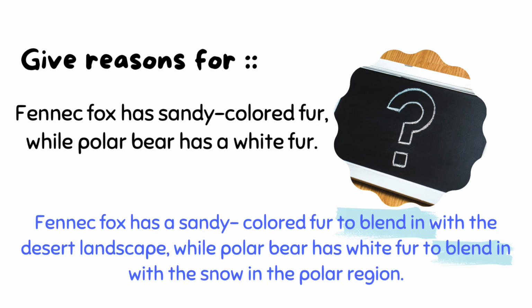First we say fennec fox has sandy colored fur to blend in with the desert landscape, while polar bear has white fur to blend in with the snow in the polar region. Here we use while for connecting the two sentences. Okay, is it clear for you?